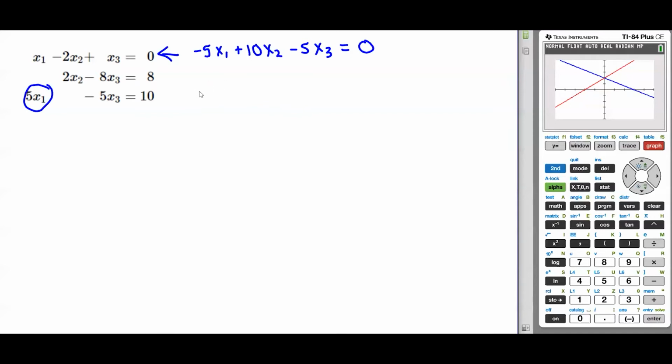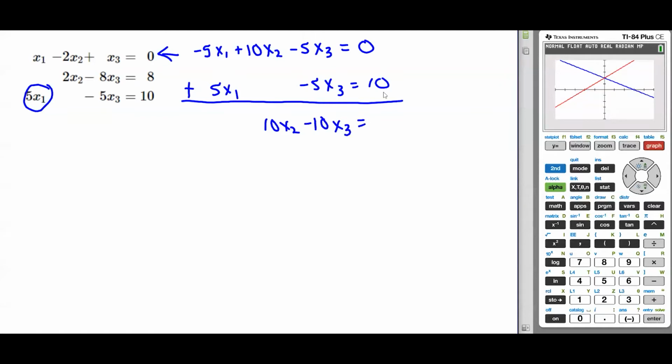And if I add that to the third equation, I'll get 0 for x1, I'll get 10x2, and negative 10x3 equals 10.